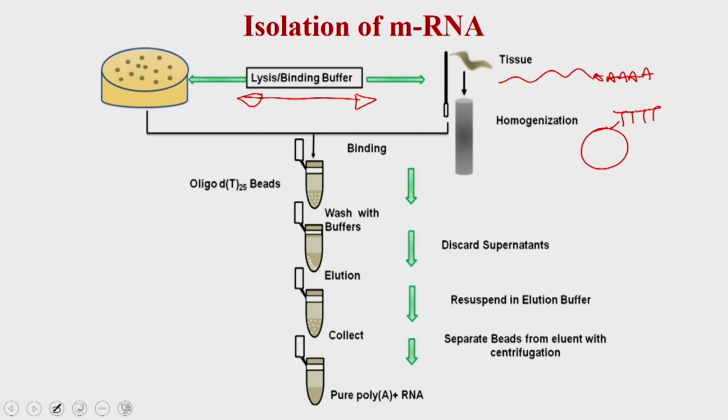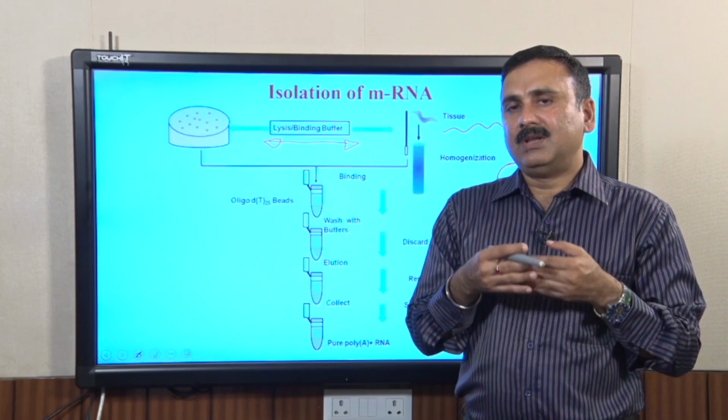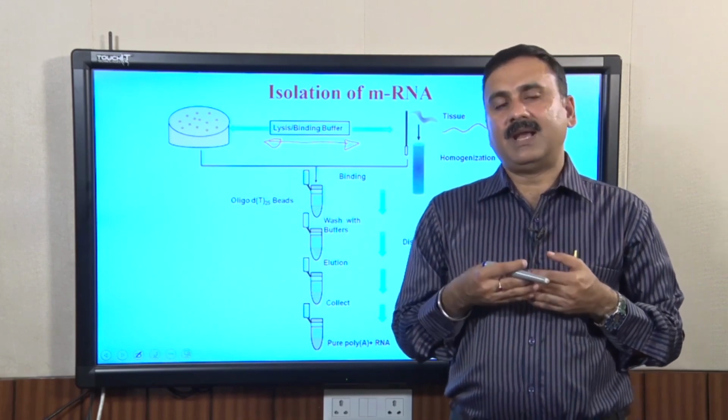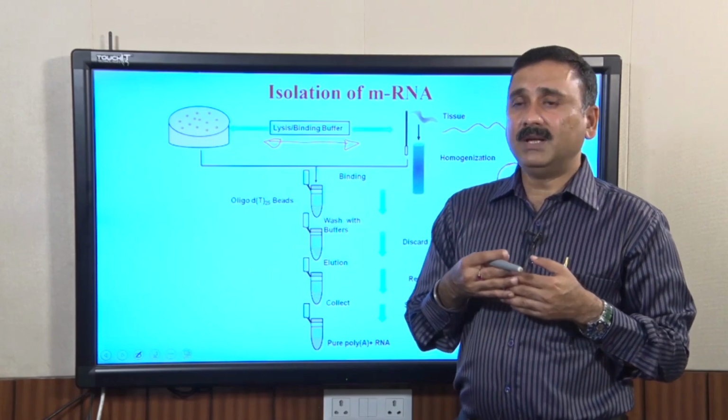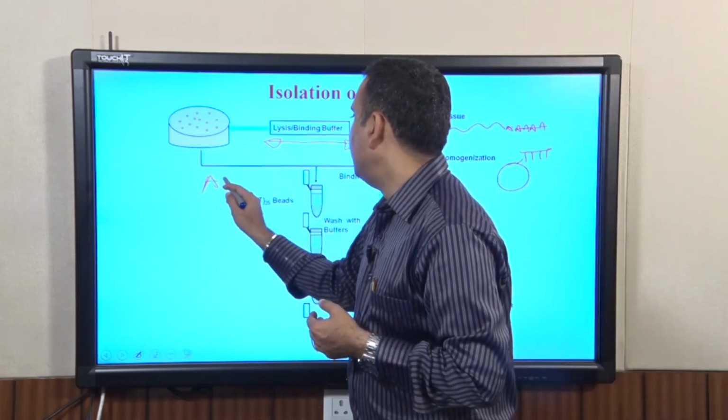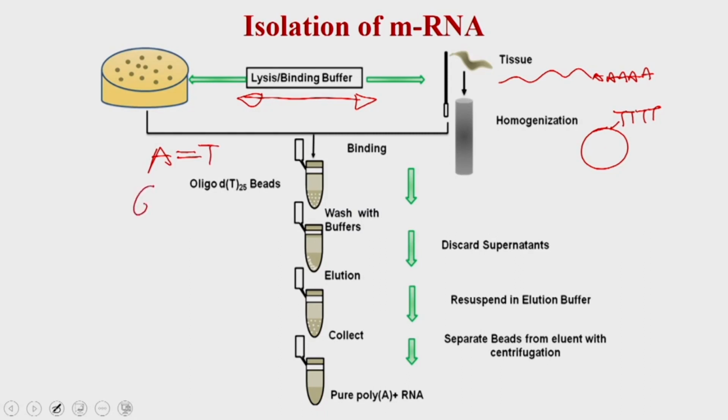sequence. You know that as per complementary base pairing, A always pairs with T, whereas G pairs with C, which means A makes a double bond with T and G makes a triple bond with C. So, exploiting this affinity of A for T, you can take the agarose beads which have poly T on their surface.